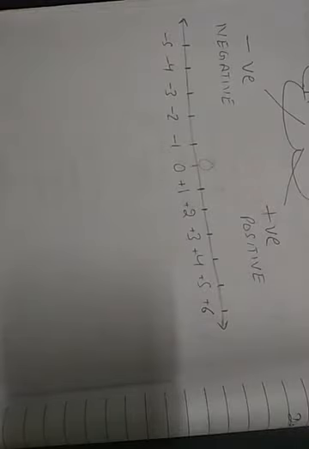If in the multiplication the negative integer occurs an even number of times, then your answer will always be positive. But if the negative symbol comes an odd number of times, then your answer will be negative.